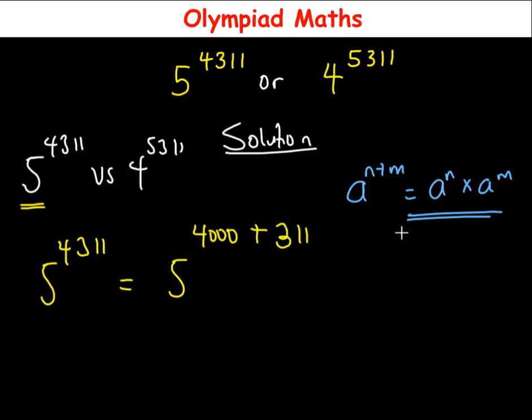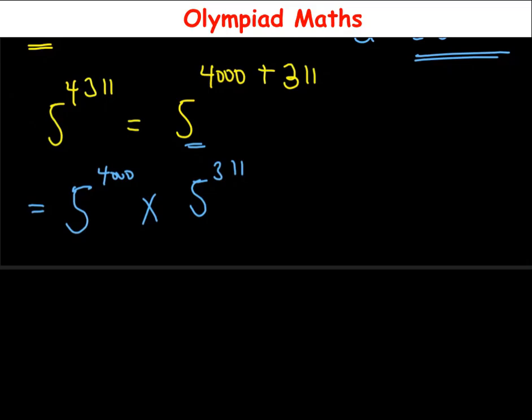So applying this rule right here, this is equal to 5 raised to power 4000 times 5 raised to power 311, such that we have it as equal to 5 raised to power 4000, which can be written as 4 times 1000, times 5 raised to power 311.